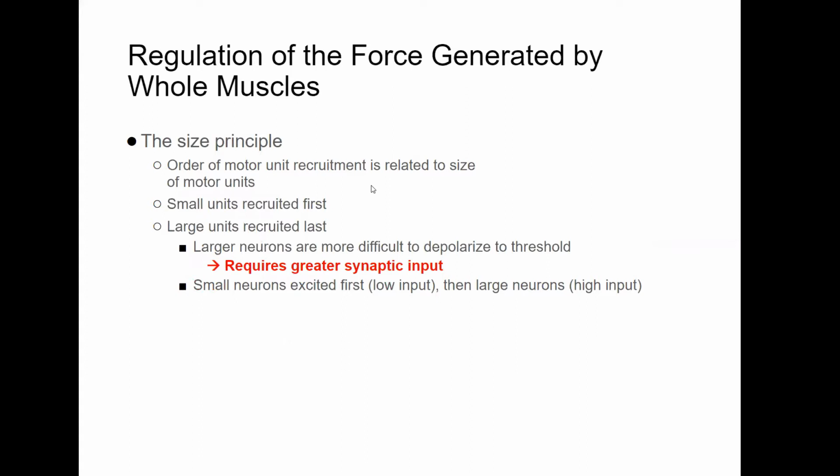And the order is just that we're going to be recruiting those small units first, right? So picking up a pencil, we're going to use those small ones. But when you're pushing something really hard, we're going to recruit small ones, then medium ones, then large ones. So that's basically the only takeaway I want you to get from these 3 slides at the beginning.